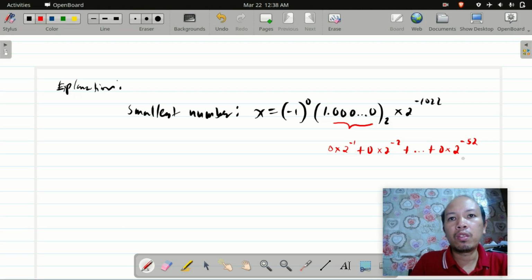And as you have noticed, this is always equal to 0. 0 times a number is 0. This is always 0.